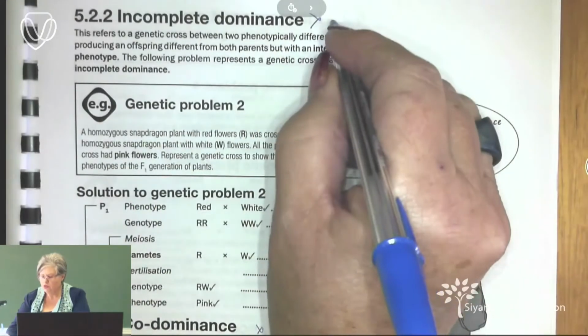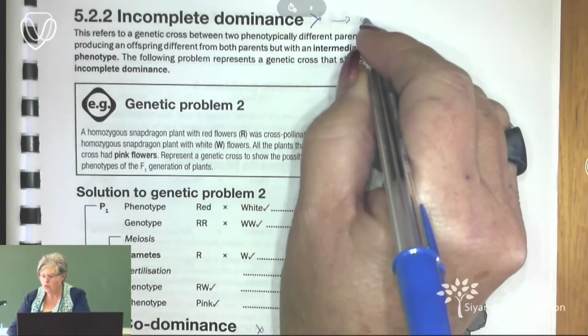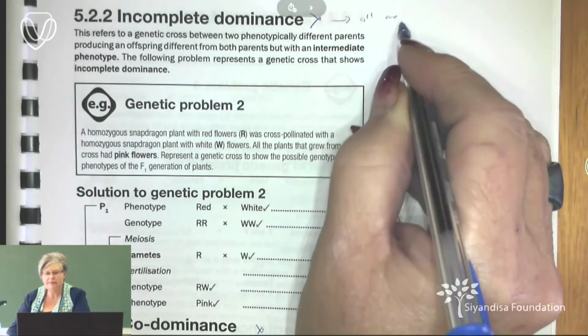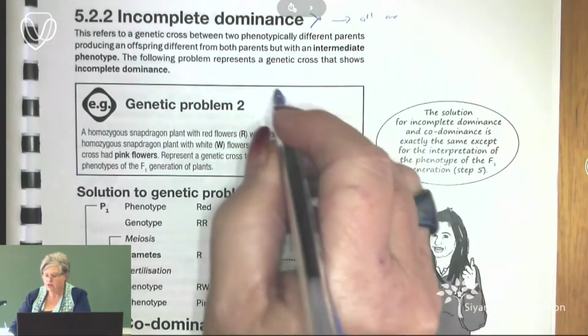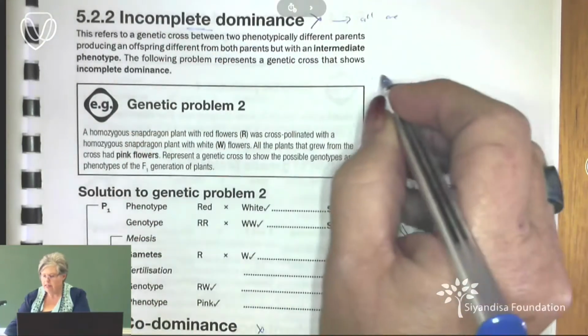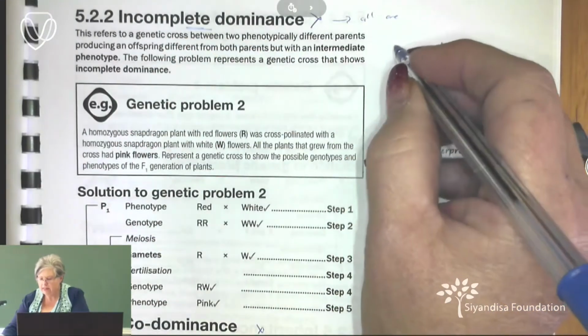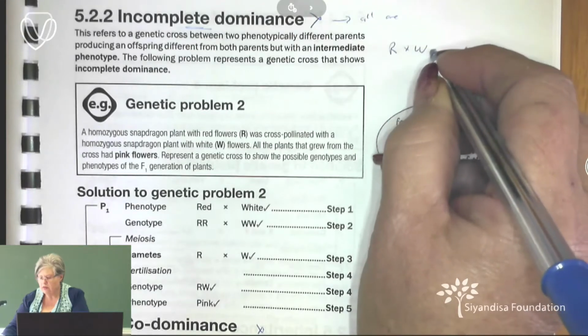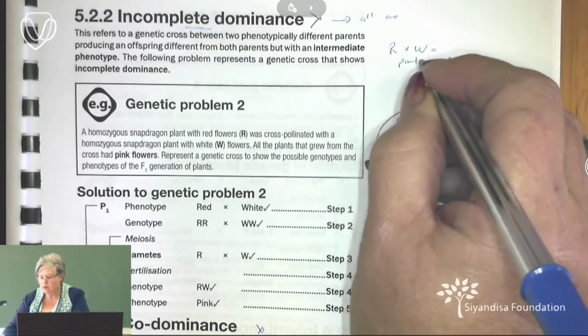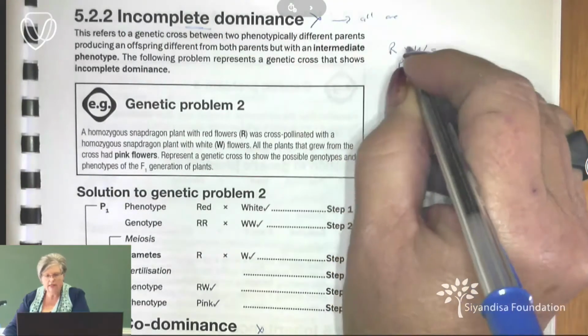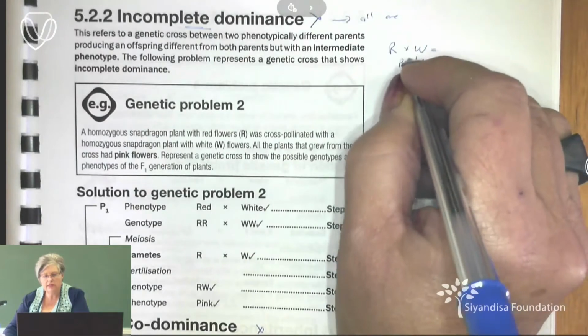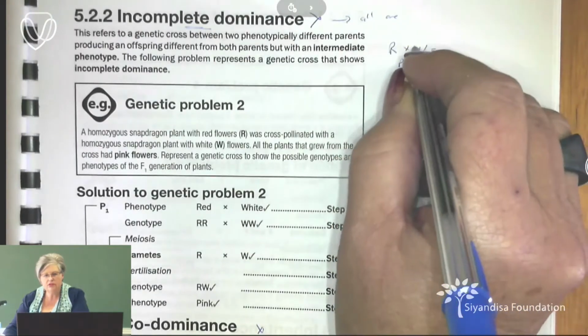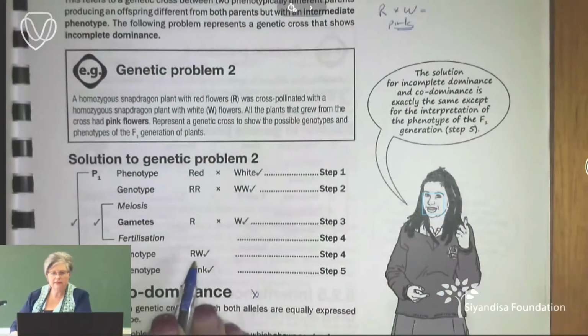If it says the offspring is all one intermediate color, then you know it's incomplete dominance. Like, what is the intermediate color? It's like a red flower crossed with a white flower to give me pink offspring. So it's not red, it's not white, it's in between, an intermediate color, and that's incomplete dominance.